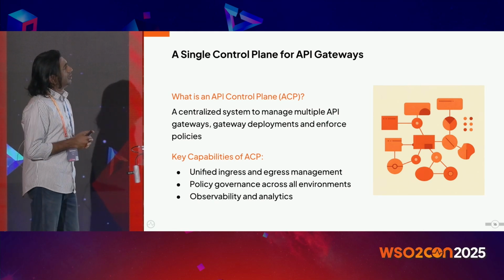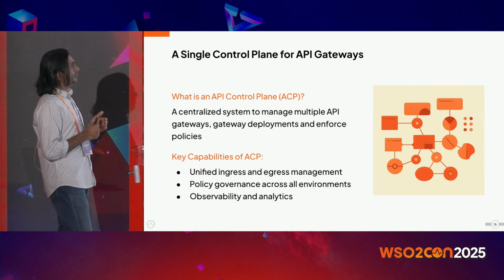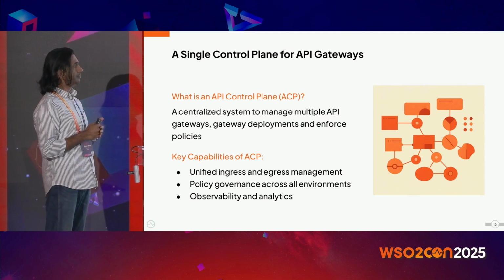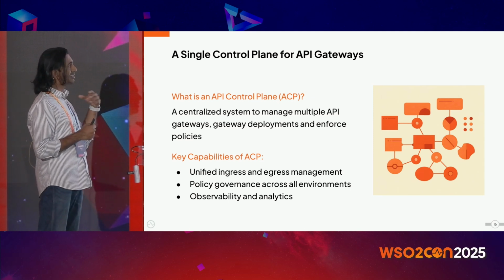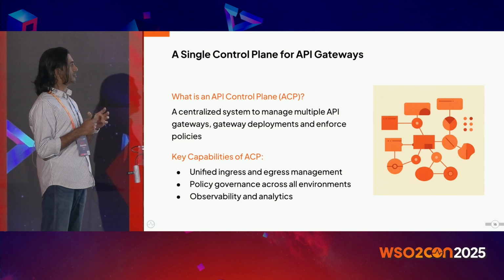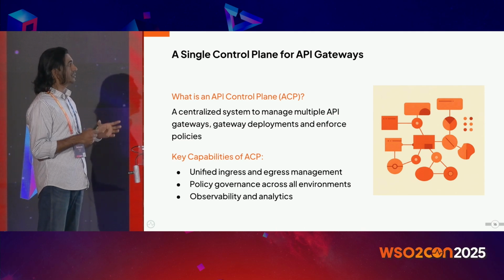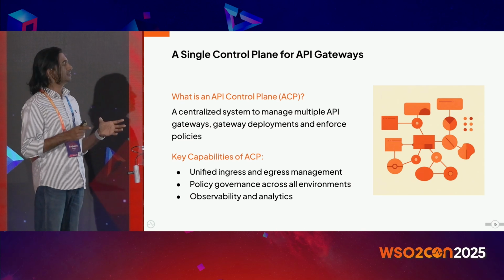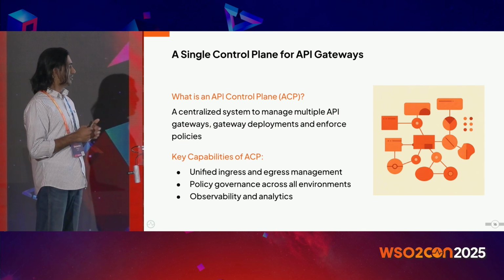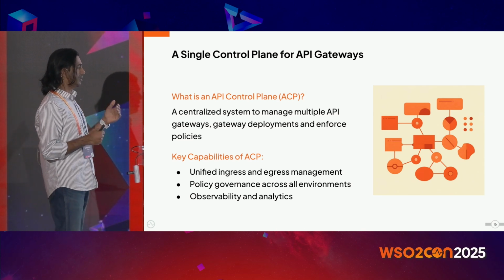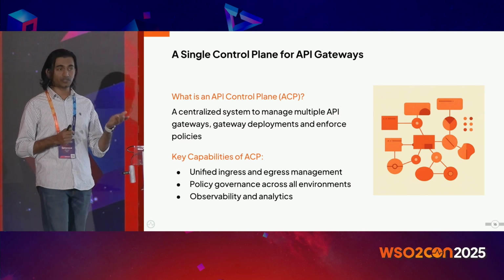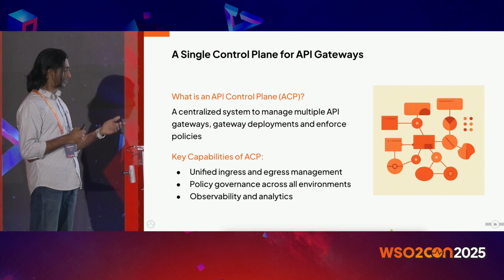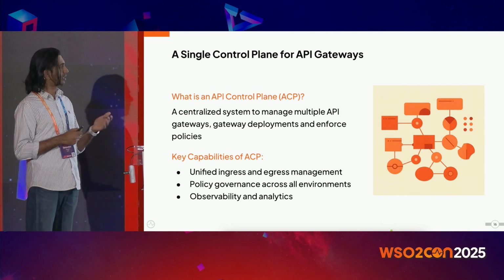So then if we further dive into the control plane, what is the API control plane? It's a kind of centralized system that can manage multiple APIs or API gateways and the gateway deployments and apply policies, governance, and other related stuff. Key capabilities include unified ingress and egress management across different gateways, as well as policy management, the governance part, and observability and analytics, like I mentioned earlier.